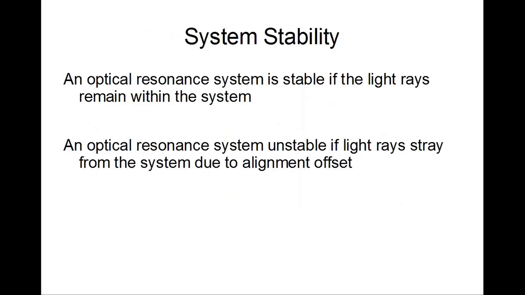A stable system requires the light to remain trapped, and you would use those in systems where everything needs to remain contained, where you might have a high frequency of light, or high voltage, and you don't want any of those rays to cause damage to a system or an external system.